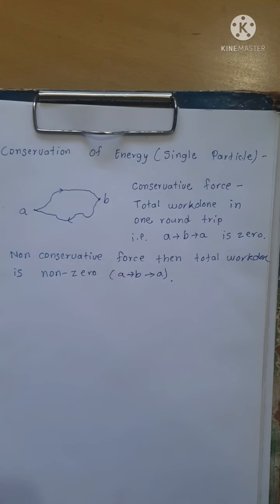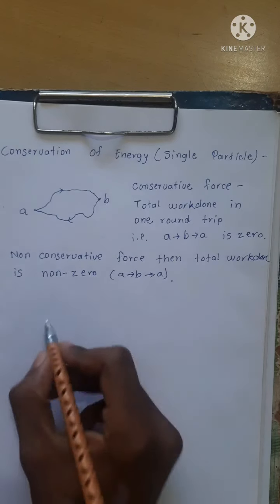And for a non-conservative force, if the total work done in one round trip is non-zero, then there is some loss or conversion of energy, and we say it is a non-conservative force. That is, the total work done depends upon the path followed in the process.